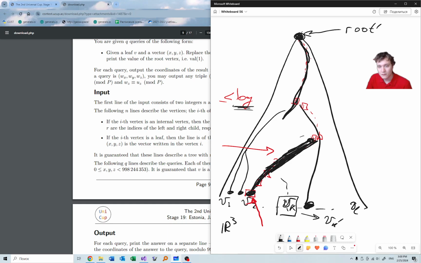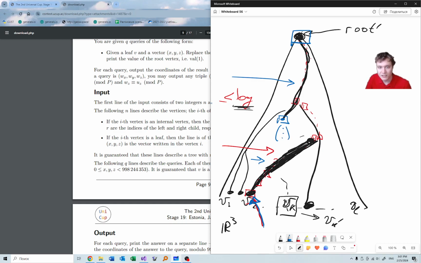Let's think what we can do about it. So actually, there are two things. First of all, when this is updated, the first path, it is always... So what do we need to store in the path? In the path we need to store a function of the following kind: what do we get in the root of the tree if in the lower vertex of the tree we have some vector?